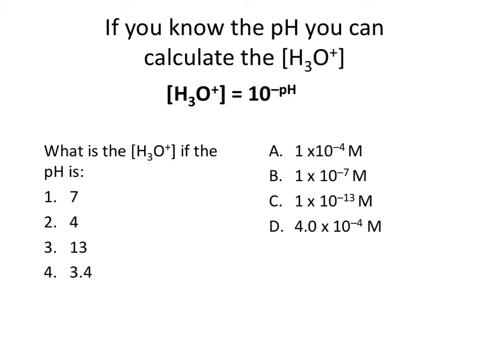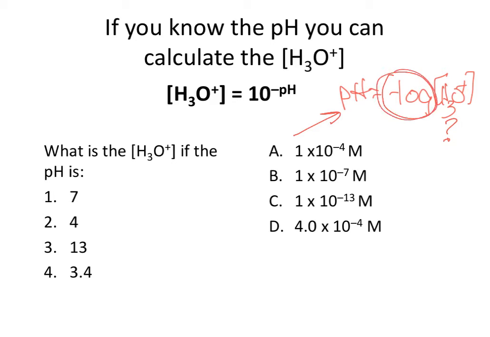All right, so we're moving along on that little square of formulas and calculations a couple slides ago. So let's go backwards. Okay, we know that pH equals minus log of the concentration of hydronium ion. So what if I gave you pH and asked you to find the concentration of hydronium ion? How do you get the inverse of log?